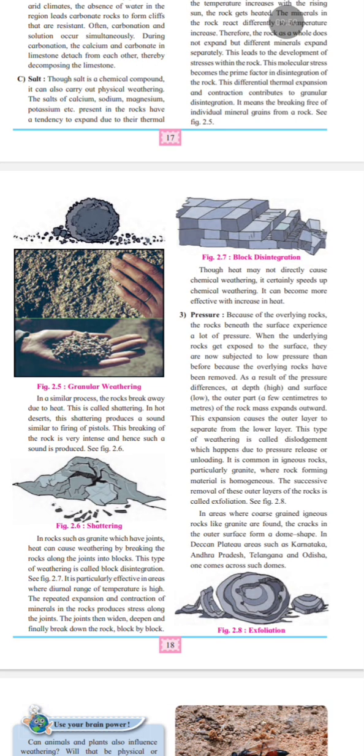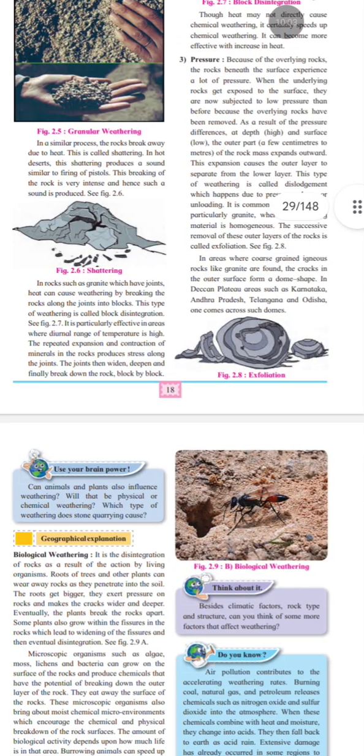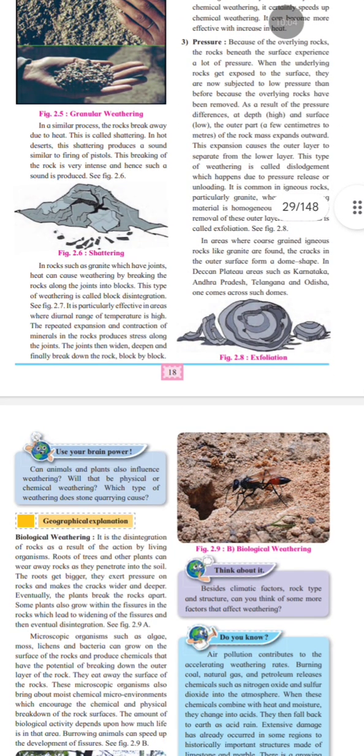This process is called dislodgement or unloading. When successive outer layers of a rock peel away, it is called exfoliation. Figure 2.8 shows exfoliation. It is common in granite. Exfoliation can produce dome-shaped rock surfaces.